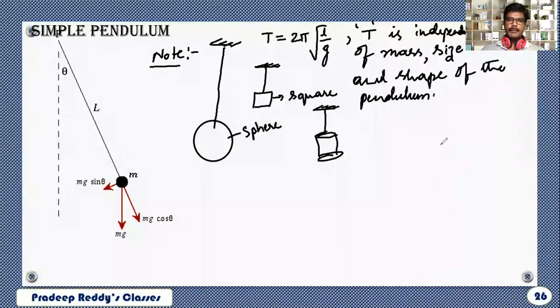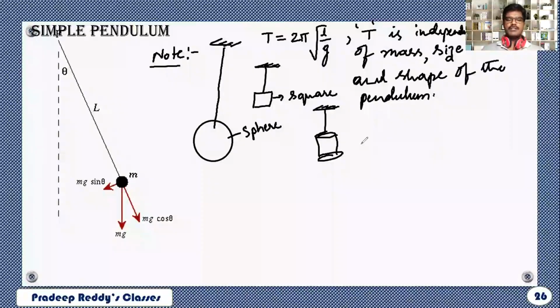So time period only depends upon length of the pendulum and acceleration due to gravity. Mass, size and shape do not change time period of the simple pendulum. So any mass you can take, it will be oscillating with same time period if its length and acceleration due to gravity is same. Any shape you can take, their time period is independent of their shape.